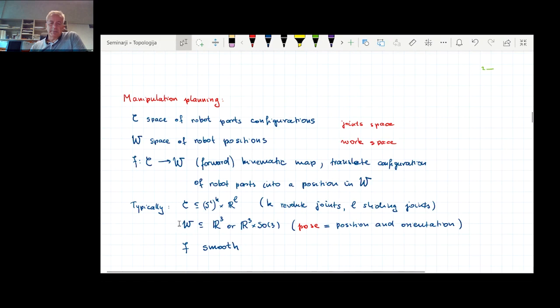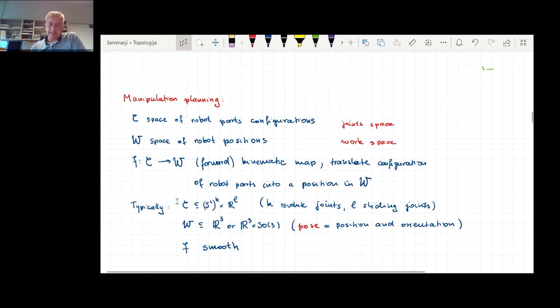And also the workspace is usually a subspace. Okay, you can move in a plane, then it is a subspace maybe of the plane, or a plane plus orientation, or a subspace of three-dimensional space, or maybe a subspace of three-dimensional space together with the orientation of the object. And so elements here are often called poses, which means positions and orientations.